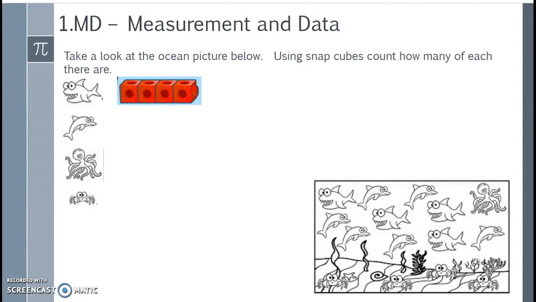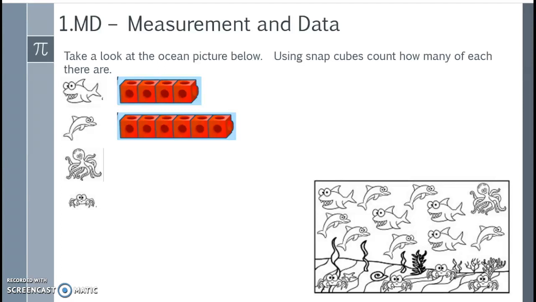Now let's move on to the dolphins. It looks like I have 1, 2, 3, 4, 5, 6 dolphins. So I snapped together 6 cubes and I put them where the dolphins are.